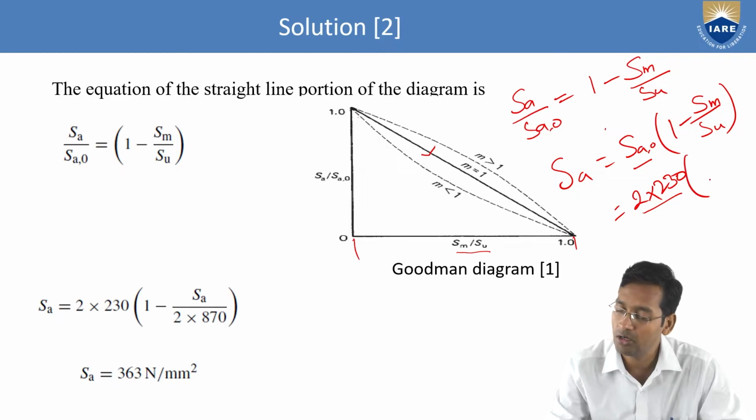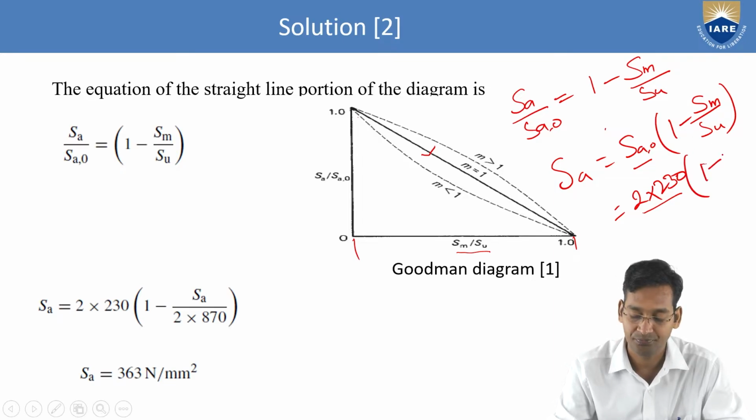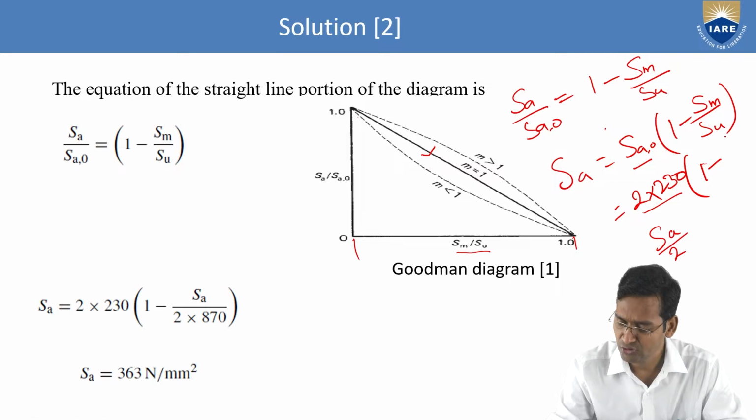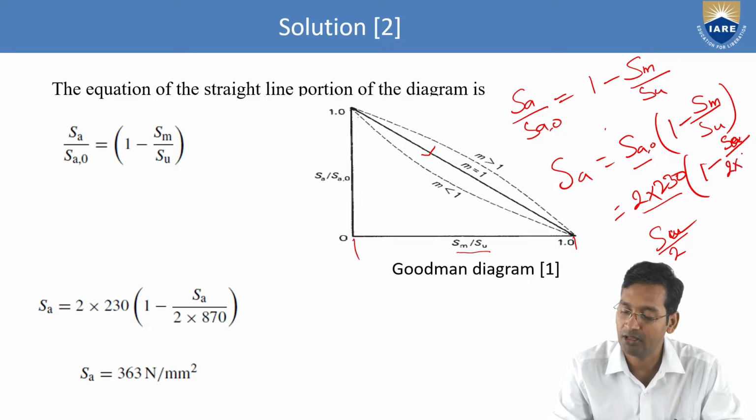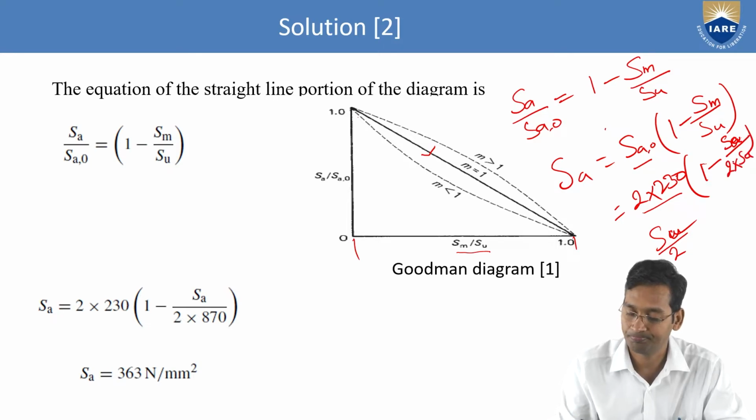And 1 minus Sm. Now we can write Sm as Sa by 2, because we have to find the range Sa, by 2 into Su.